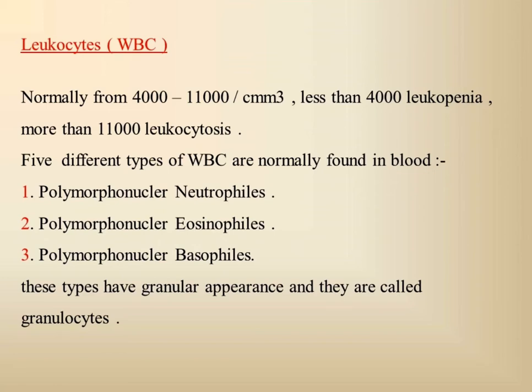We have 5 different types of white blood cell found in the blood. We have 3 types with granular cytoplasm: neutrophils, eosinophils, and basophils. These types have a granular cytoplasm and are called granulocytes.